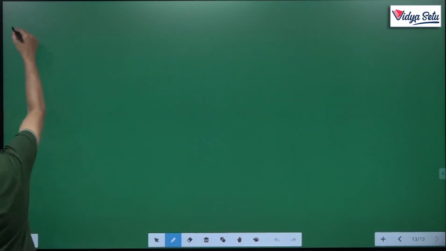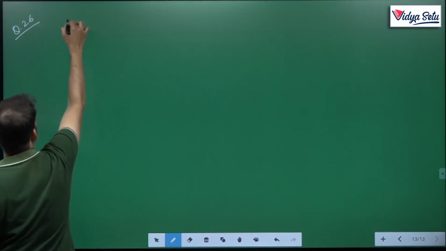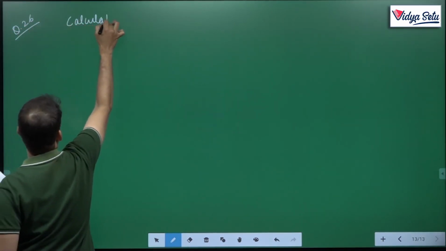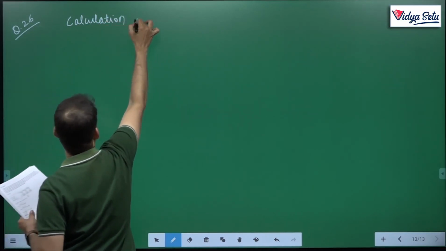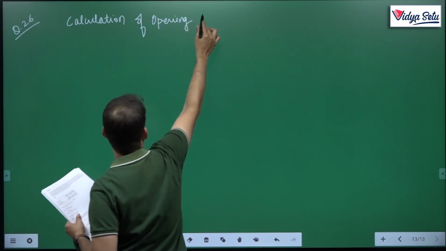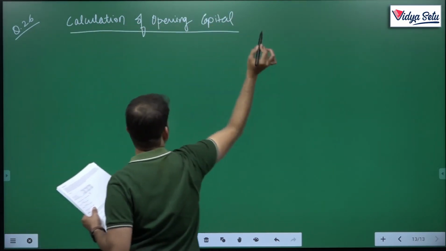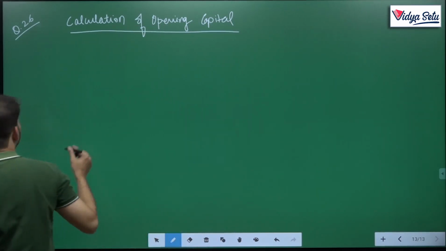Question number 26. Calculation of opening capital for Ram, Shyam and Mohan.